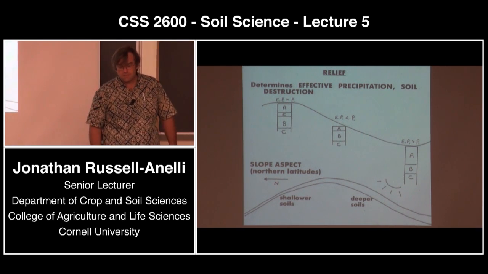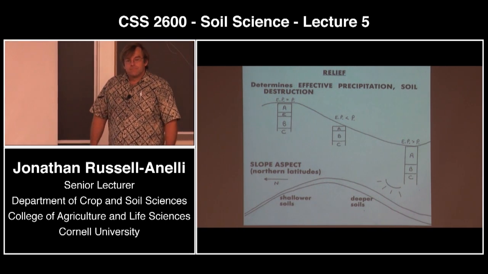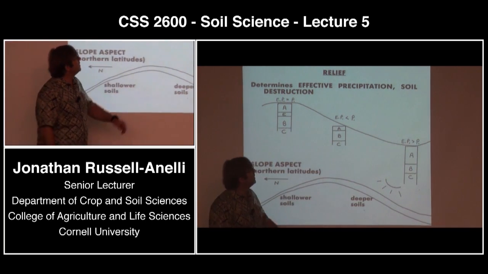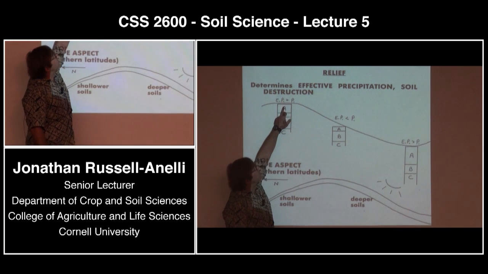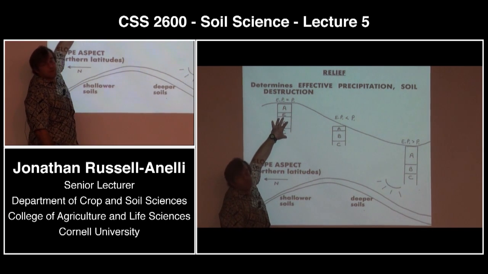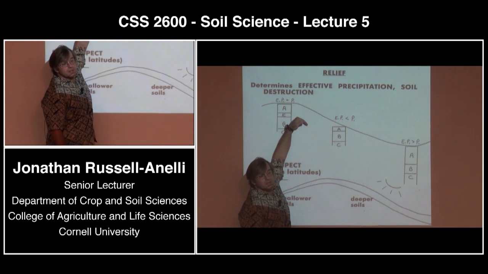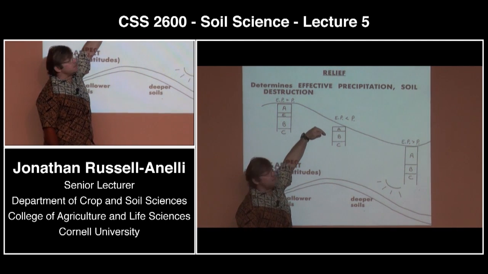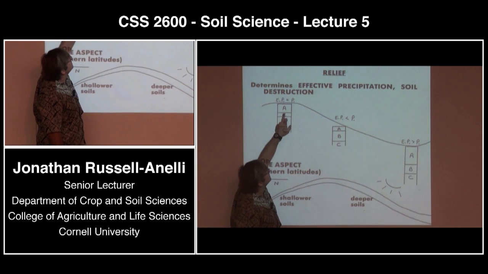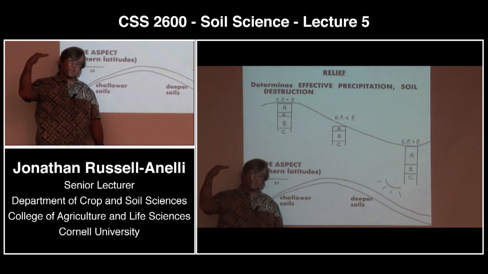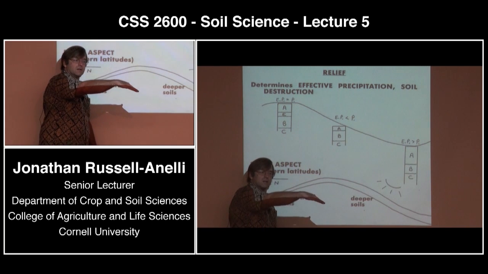Question. Can you expect to see like a lateral leaching line along the slope? Yes. And in 2 weeks, you guys are going to meet that. Often, this water will come down, hit some kind of barrier in here, and it will start moving laterally below ground. And so as a result, you can have an E horizon that's not formed from water going down, but formed from water going this way.